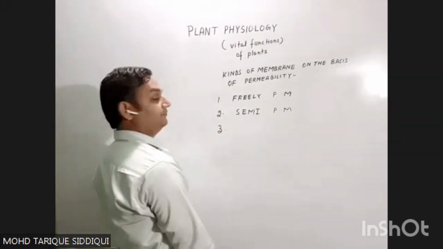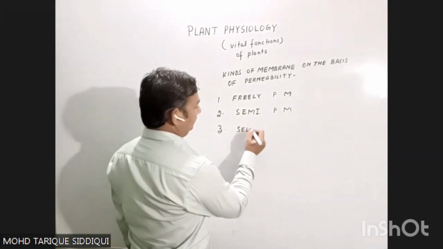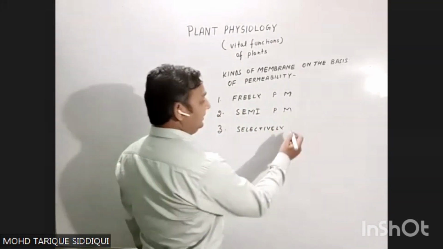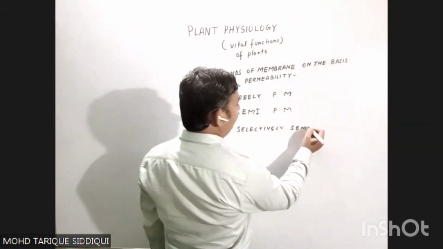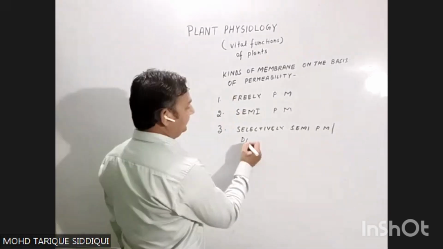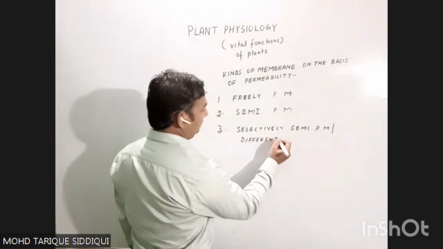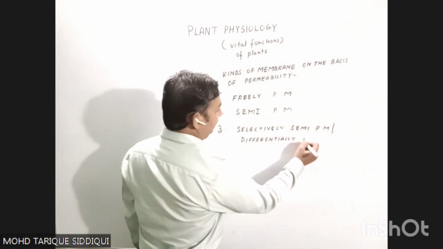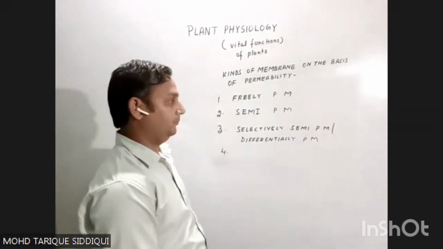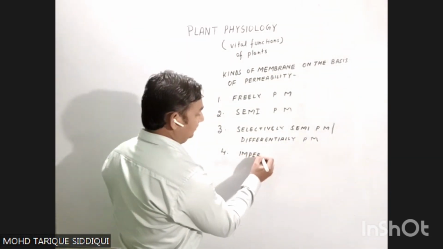And third, we have selectively semi-permeable membrane, which is also known as differentially permeable membrane. And the fourth one we have impermeable membrane. Just one definition I will tell you.